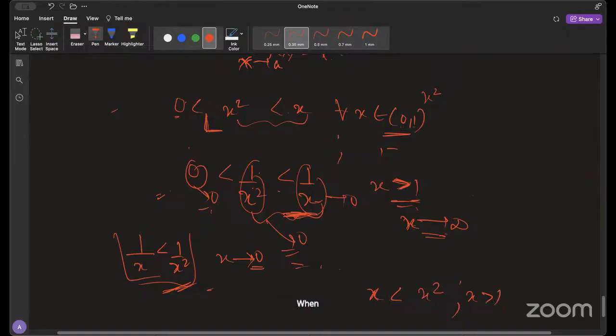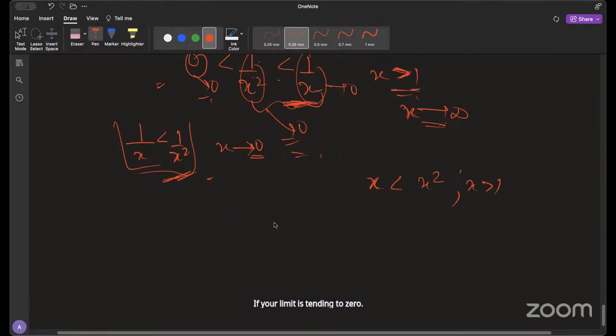When your x is in (0, 1), this holds. Oh, okay, ma'am. So if you take the limit tending to 0, in that case, you should use this. Because if you're approaching 0, basically your x is in the (0, 1) interval. Eventually, ultimately, you are in this interval if your limit is tending to 0. Okay, ma'am. Thank you.